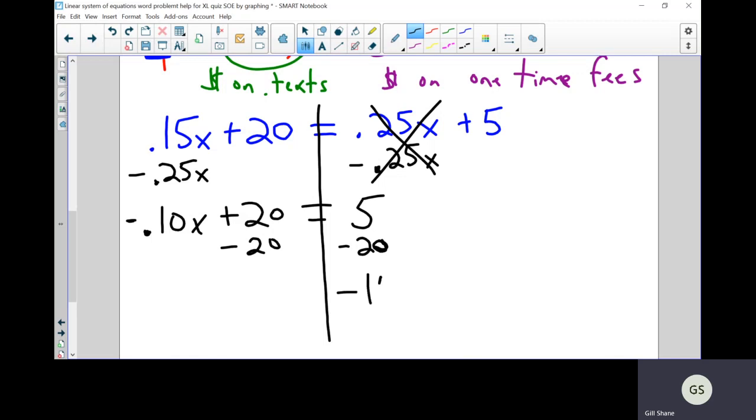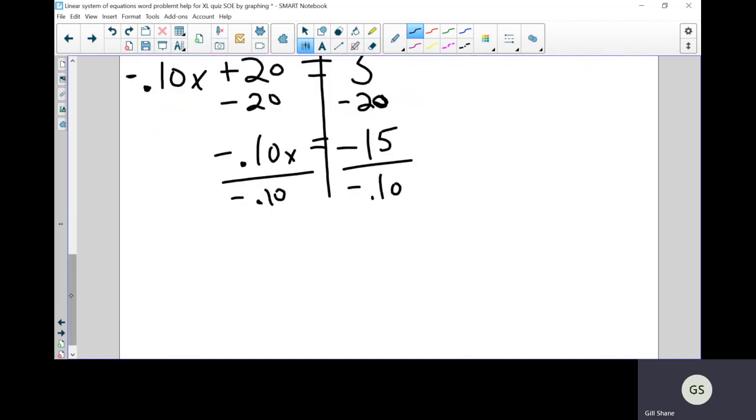So I get negative 15 equals negative 0.10x, which means I need to divide by negative 0.10 on both sides. A negative divided by a negative gives me a positive, so that cancels out and that cancels out. X is left, and I get, it looks like, 150 texts.